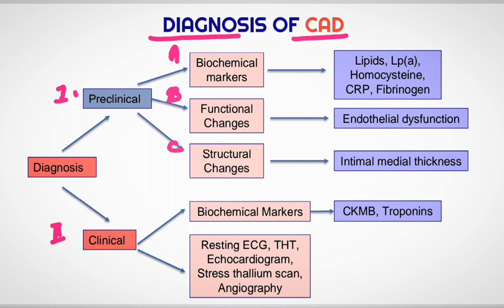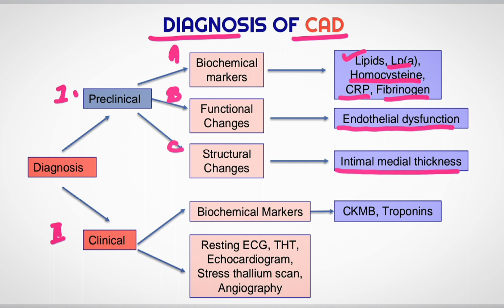The biochemical marker measurement includes measurement of lipids, lipoprotein A, homocysteine, C-reactive protein, and fibrinogen. The assessment of functional changes includes checking of any endothelial dysfunction, and the assessment of structural changes includes observation of any intimal medial thickness.